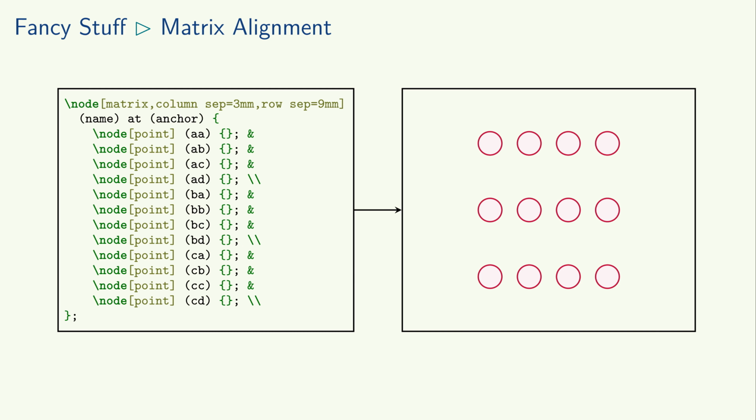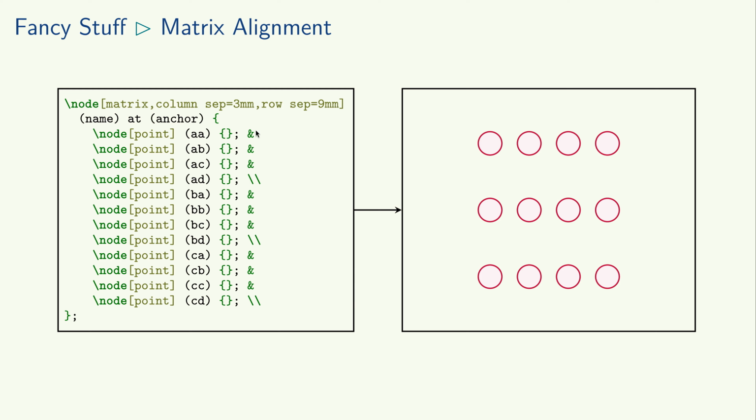For instance, I can align things in what is called a matrix. And this looks a lot like a tabular environment. We have some rows, so this is one row at a time. Each row is terminated by a double backslash. So here we have one row that ends, here we have another, and here we have the last one. 3 rows.